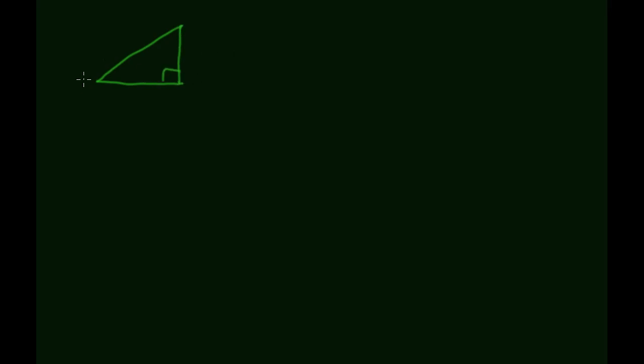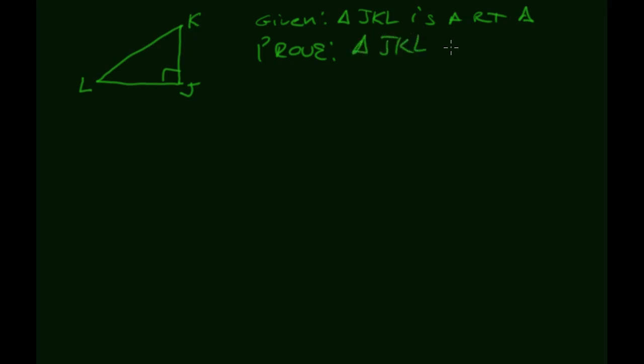We'll call that L, we'll call that J, we'll call that K. We're given that triangle JKL is a right triangle. We want to prove that triangle JKL does not have an obtuse angle.